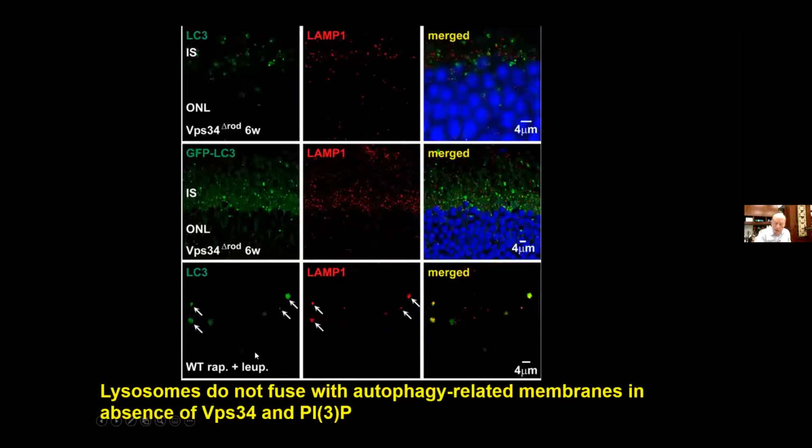And these LC3 positive punctae also are positive for LAMP1. So in the presence of PI3P, you still form these LC3 puncta, but now they fuse with the lysosome.